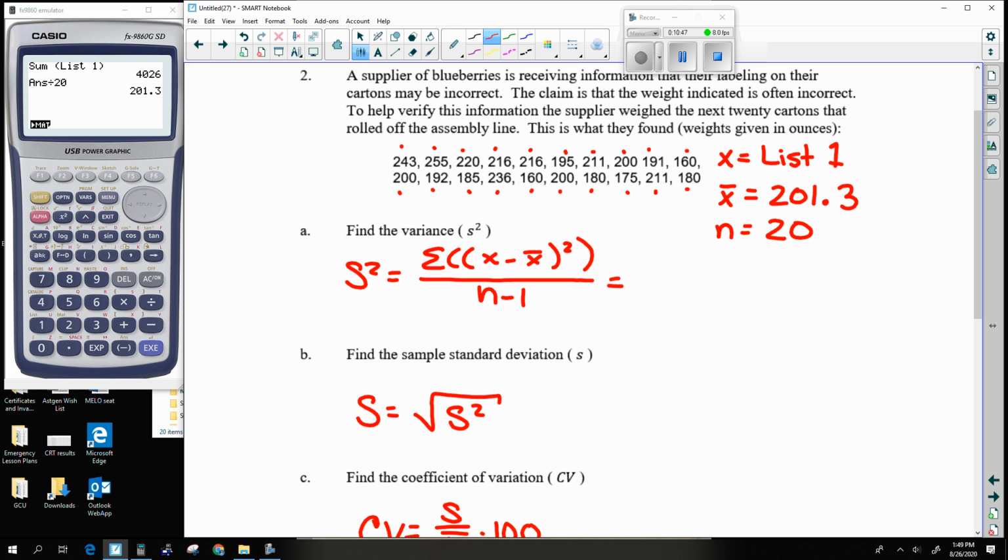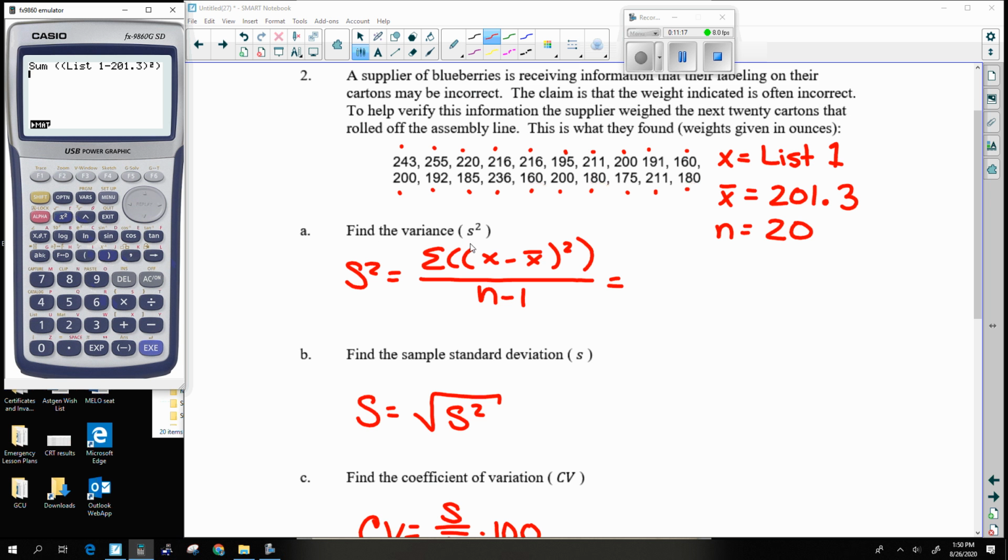Now I can go right into my calculation, and it's pretty much just turning this into calculator speak to get these answers. So this numerator is going to be the sum, open parentheses, x, which is list 1, minus x bar, which is 201.3, closed parentheses, squared, closed parentheses.